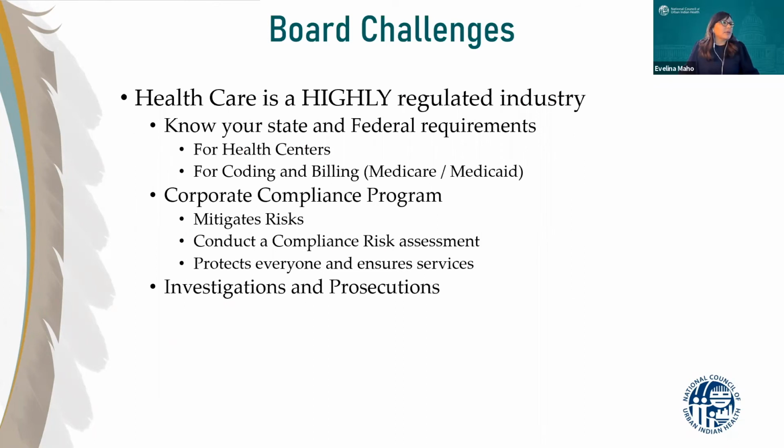We also want to understand our state and federal requirements for health centers, and the type of urban Indian health organization we run and operate. We must understand coding and billing as it relates to Medicaid and Medicare. We also want to make sure that we have a corporate compliance program.